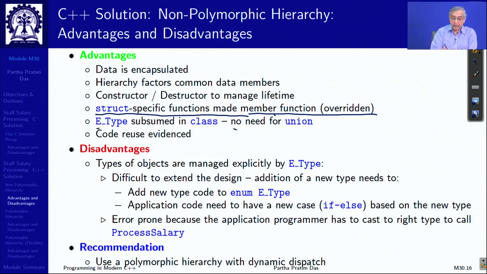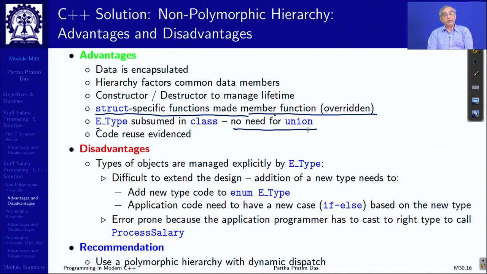I do not need the union anymore, because what I am replacing the union with, the E type, is subsumed in the class, is a part of the class itself. So, it is inside. The class itself remembers, and what am I substituting union for?